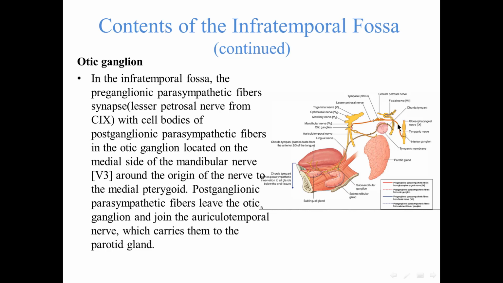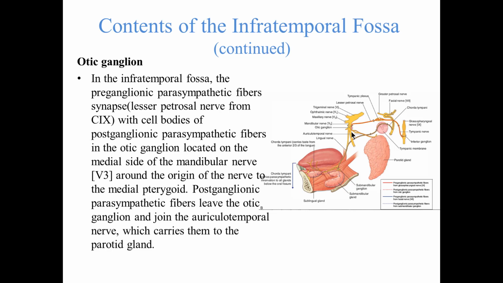This tympanic nerve comes to the tympanic cavity, the middle ear, and forms a nervous plexus, the tympanic plexus. From this tympanic plexus, the lesser petrosal nerve comes to the otic ganglion.